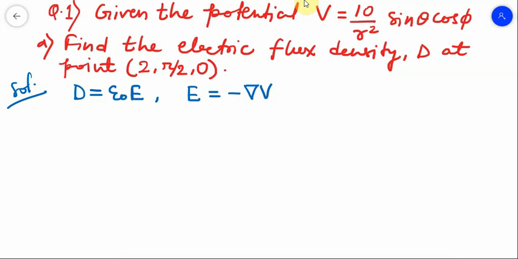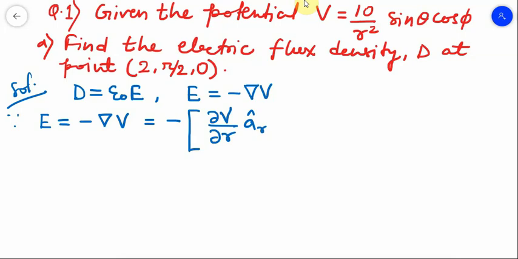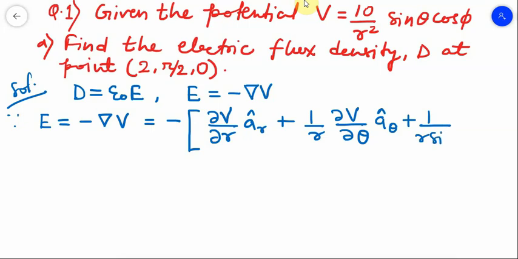E equals minus del V. Taking the minus sign out, we can write del V upon del r in the direction a r, plus 1 upon r del V upon del theta in the direction a theta, plus 1 upon r sine theta del V upon del phi in the direction a phi. We discussed this relation previously. Now V equals 10 upon r square sine theta cos phi.